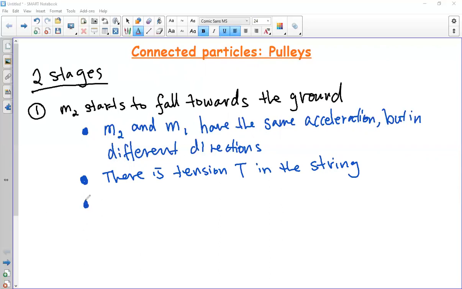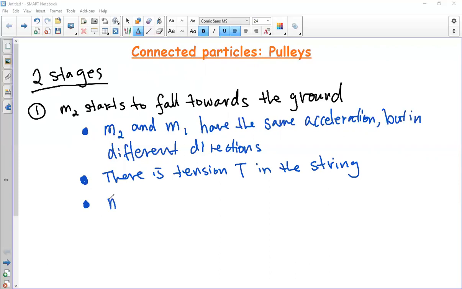Something else you need to know, which can be quite easily forgotten in exams: when M2 starts to fall, the distance M2 travels will also be the same distance M1 travels because they're attached by the same piece of string. That's quite an important point you need to remember.